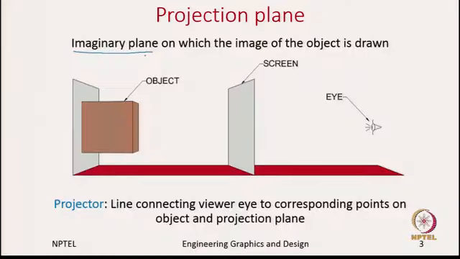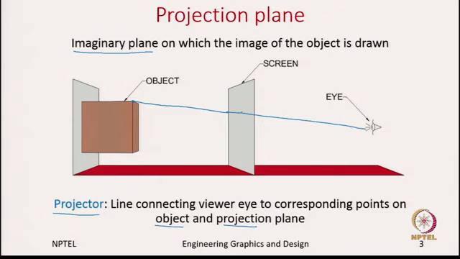Here we need to introduce a new terminology called a projector. What it is, is a line connecting the viewer's eye to the corresponding points on the object and projection plane. Let us say we take a point on the object and we draw a straight line connecting this point to the observer. So, let us say this is a straight line I am drawing, connecting one point on the object to the eye or the observer.